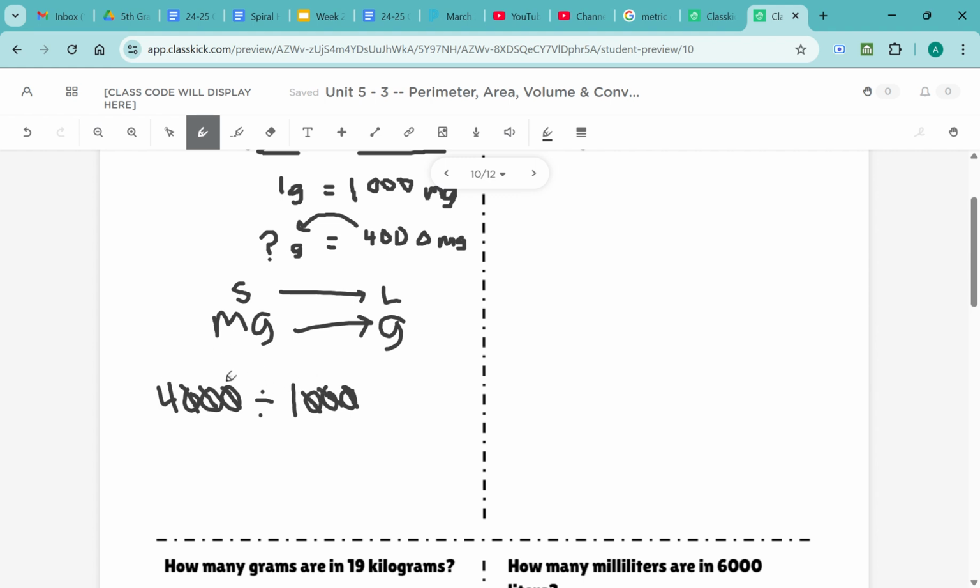As long as I cross off a 0 on this number, I can cross off a 0 on that number. I can only do this when I cross off a 0 in both numbers. I can't just cross off zeros of one number. So now we're really doing the problem 40 divided by 1. That's very easy, right? It's 40. So my answer in this problem is 40 grams.